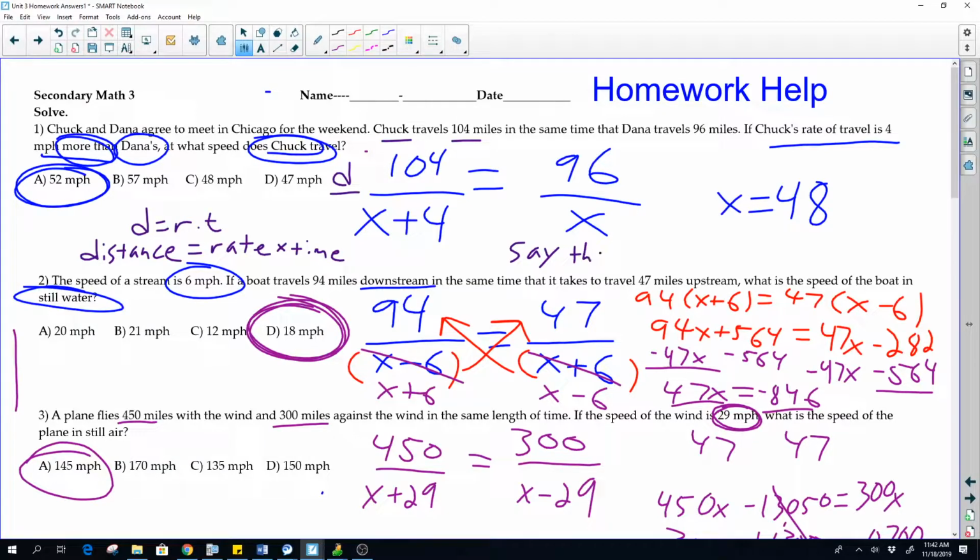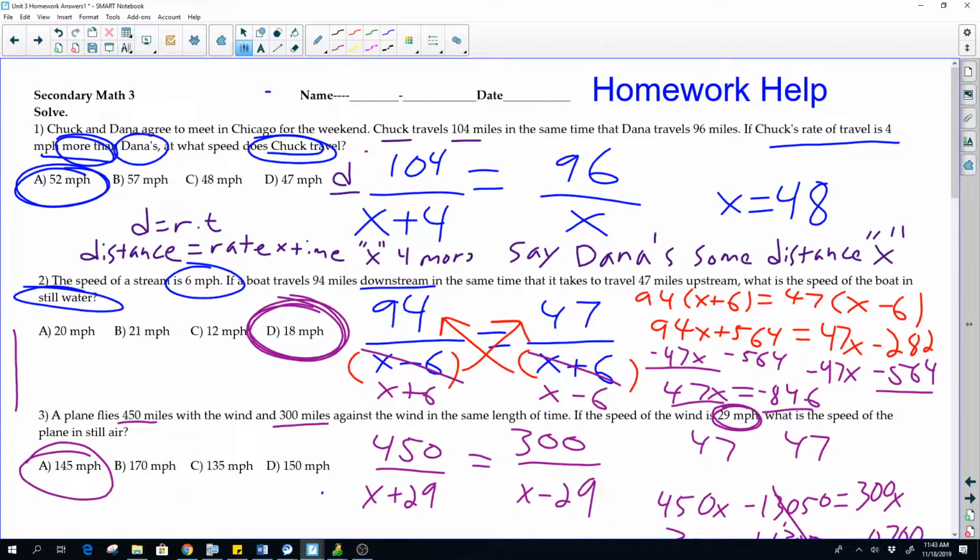that Dana's, we don't know what it is, but you have to say that Dana's is X, right? Whatever, just some distance X. We don't know what it is, but we do know that Chuck's is 4 more than that, so X and then 4 more.